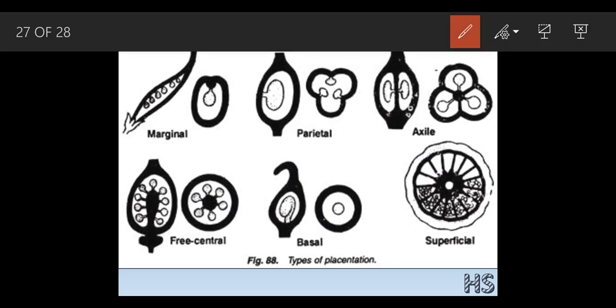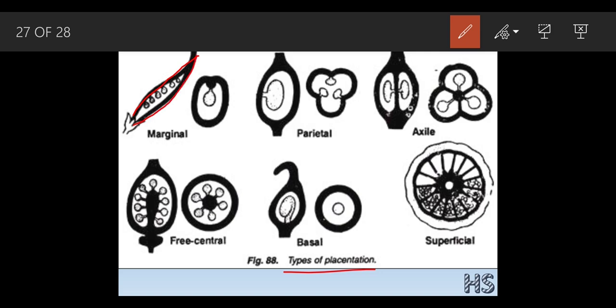See, this is a P part, okay. Inside this P part, don't look at the names: marginal, parietal, axial, free central, basal, superficial. Don't look at the names. These are the types of the placentation, okay. See, this P has some seeds inside, okay.